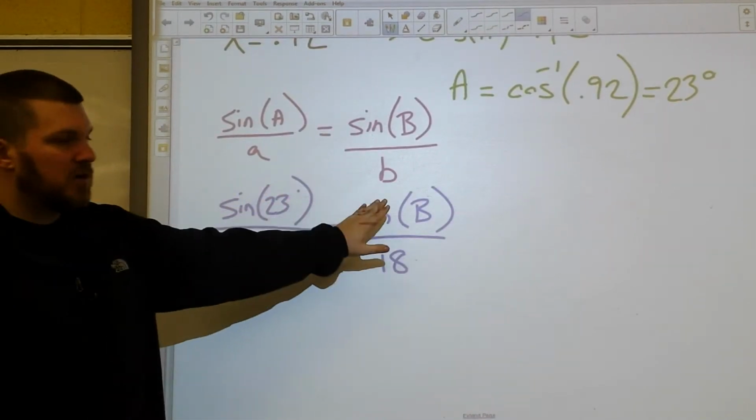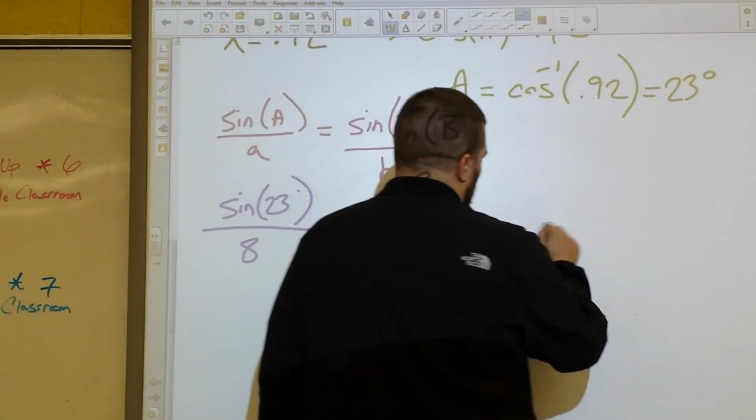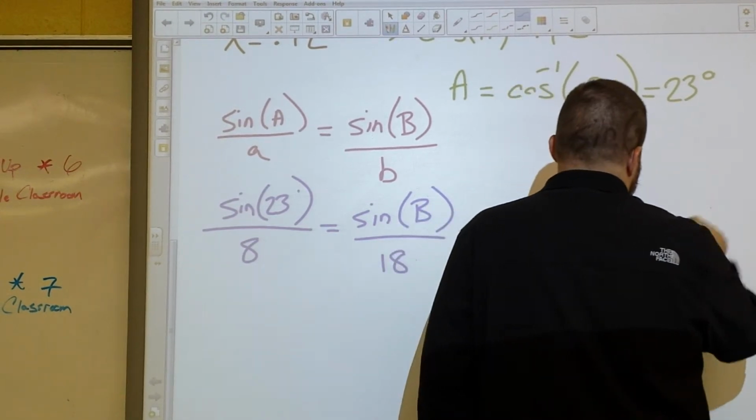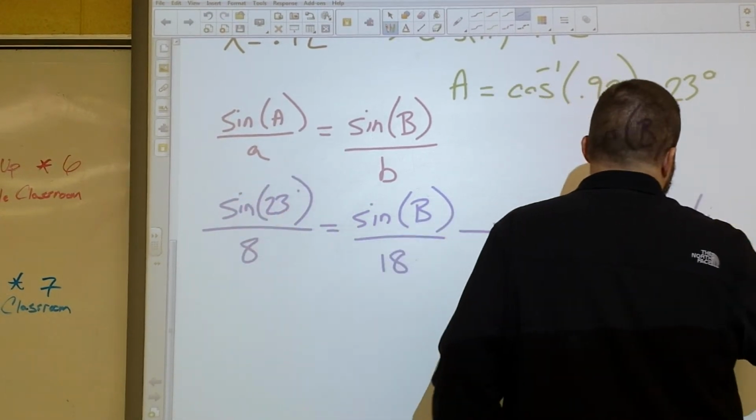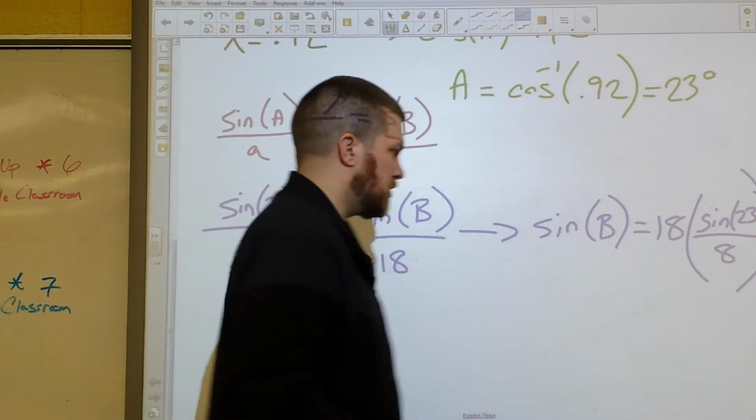Now, we're trying to get sine of B by itself first. I'm going to multiply by 18 on both sides. So when we do that, we have sine of angle B is equal to 18 times our fraction, sine of 23 degrees divided by 8. We have a fraction, so it goes in parentheses.